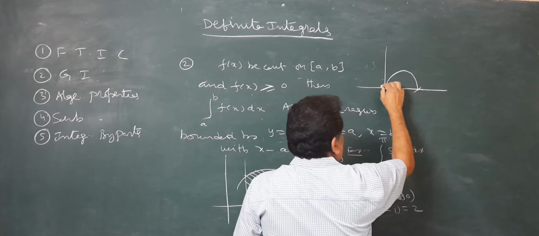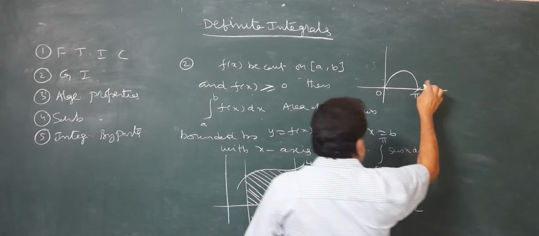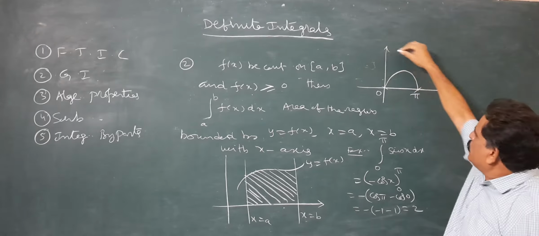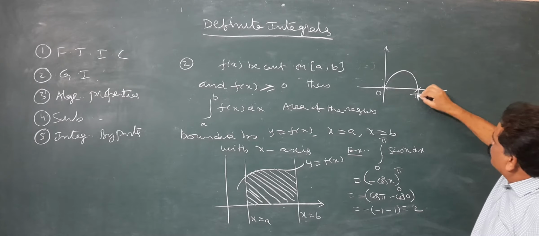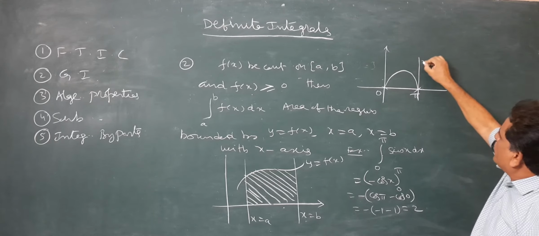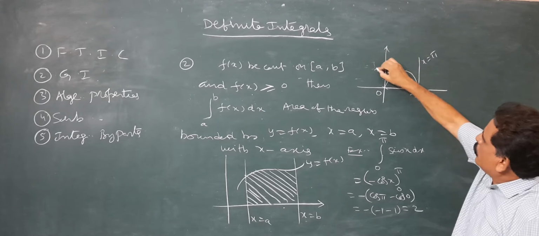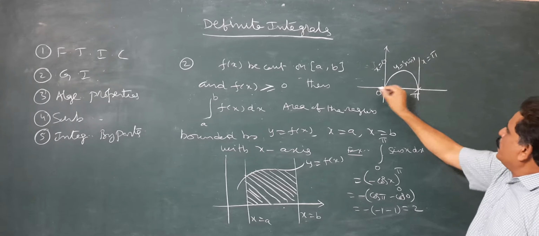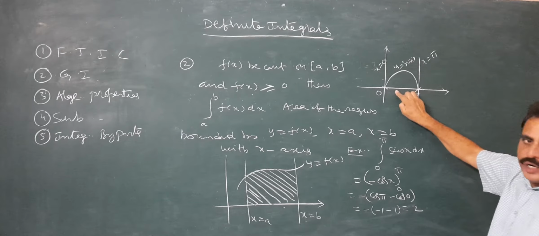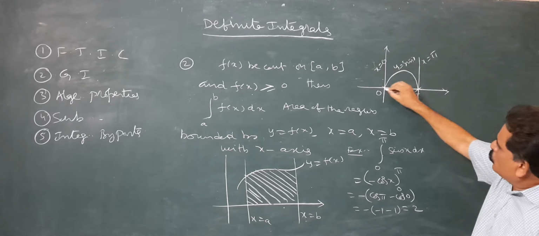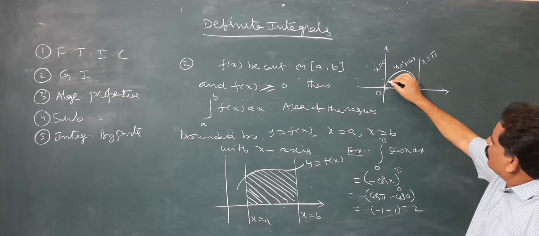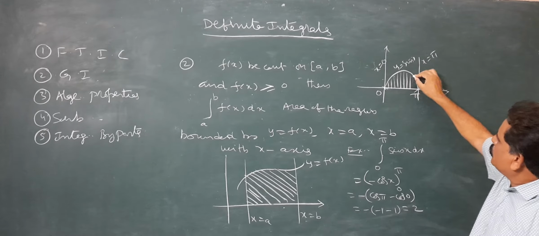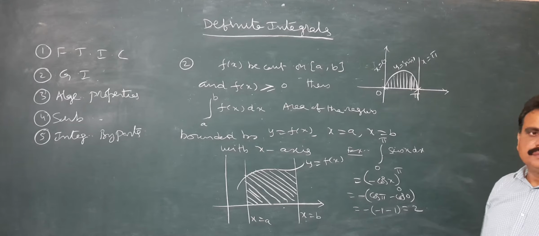from 0 to pi, x equal to 0, that is the y-axis here. Next, the line x equal to pi. It is y equal to sin x, that is one curve, and the x-axis is one boundary. So the area of the curve with the x-axis is 2 square units.